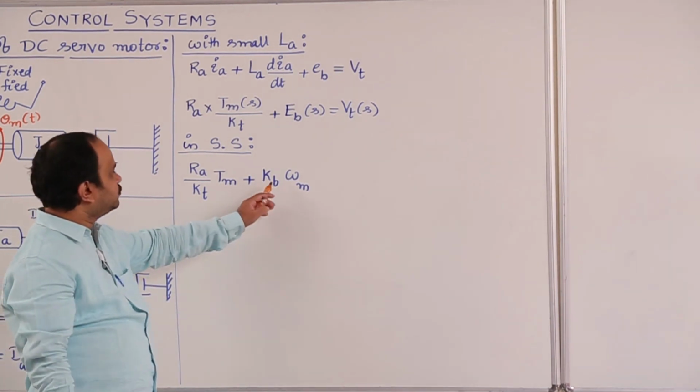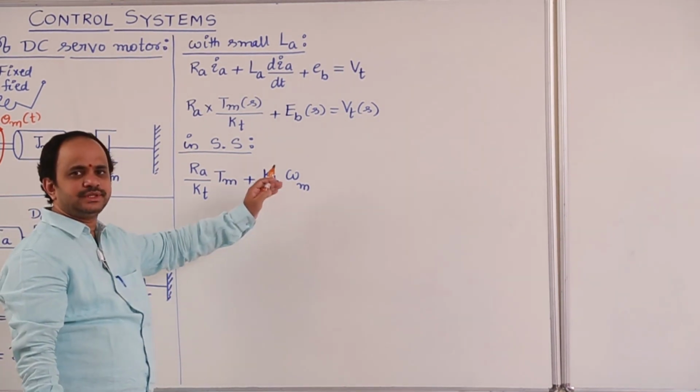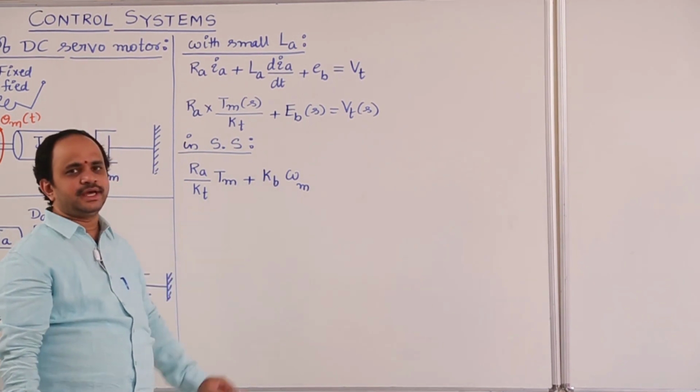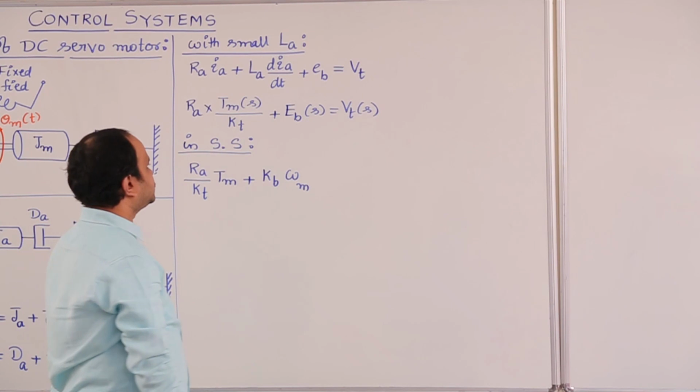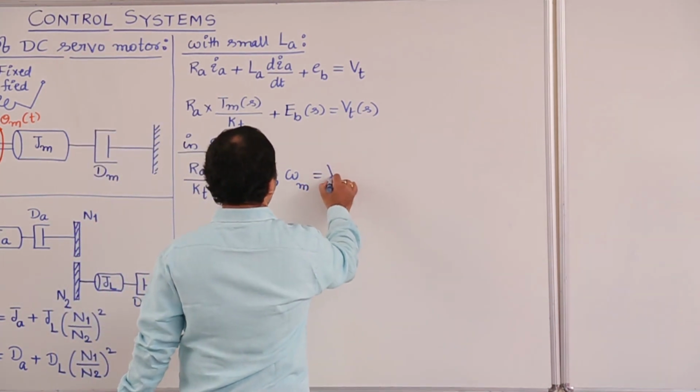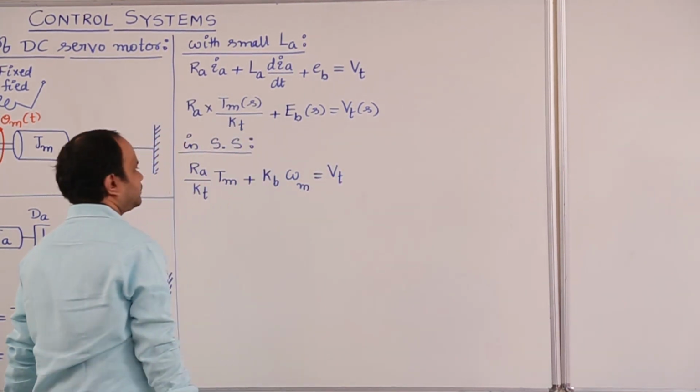In earlier discussion we wrote Kb into S into theta m. S into theta m is nothing but omega m, the angular velocity, is equal to Vt.